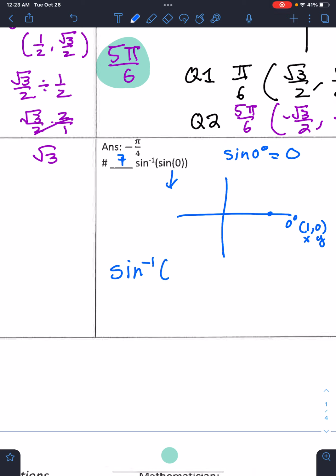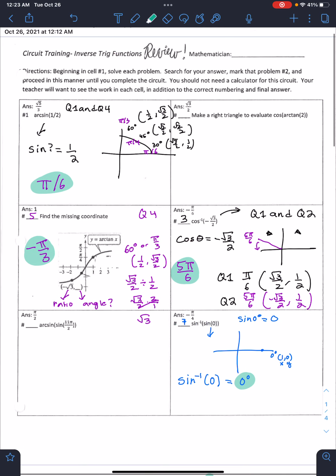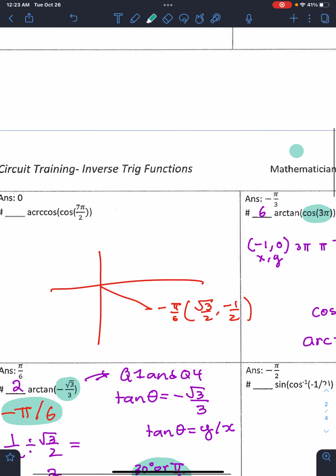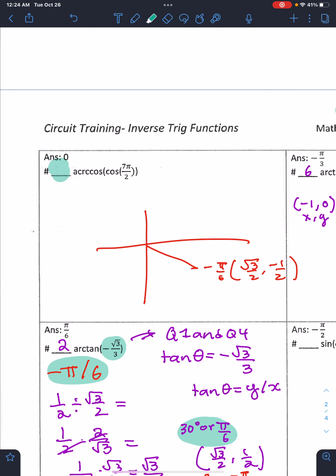So now I'm going to do sine inverse of 0. And what this question is saying once again is, at what angle is my side ratio 0? Well, just 0. So that one worked out nicely. And 0 is right here. And now it's number 8.